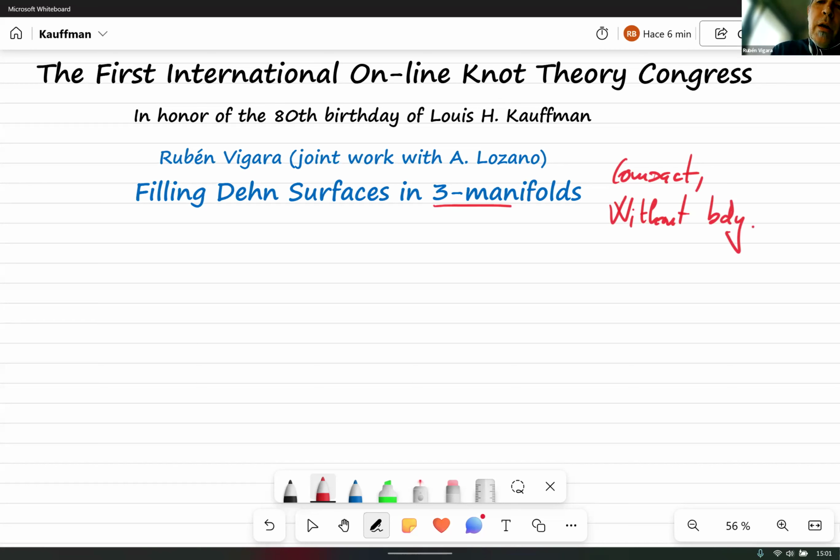Three manifolds are always connected, of course, but surfaces could be non-connected, okay? And also, we will consider always the orientable case. All surfaces and three manifolds are orientable, okay?